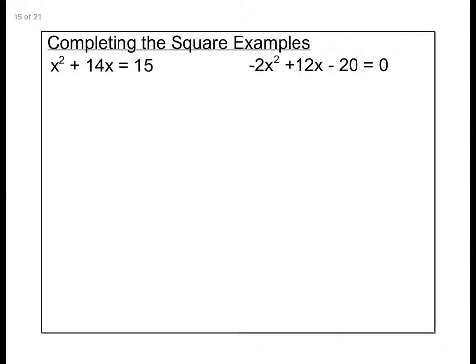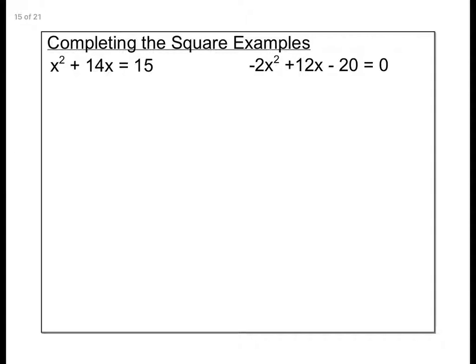Okay, I like to jump right into some examples so we can see what this looks like. So step 1, for those of you who like to follow the steps, says to make sure the coefficient a is equal to 1. In this case, it is, so we're good in the x squared plus 14x equals 15. Step 2 is to have the x terms on one side and everything else on the other side. We are also good there.